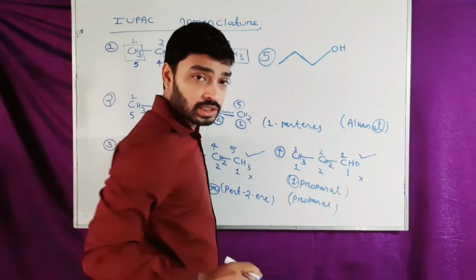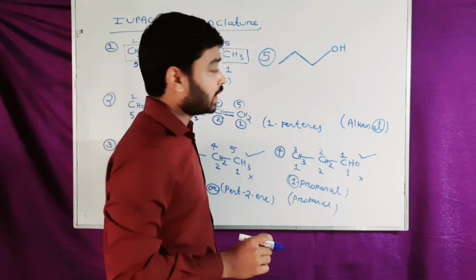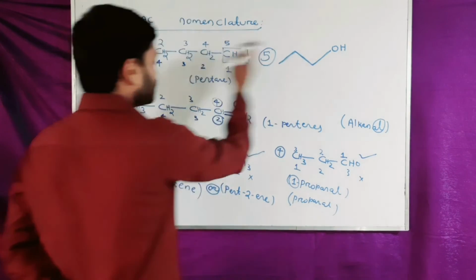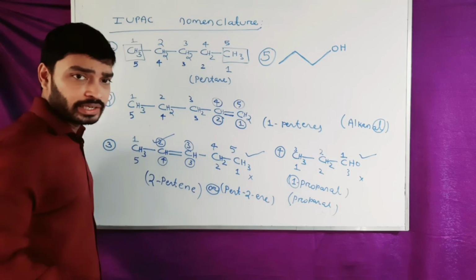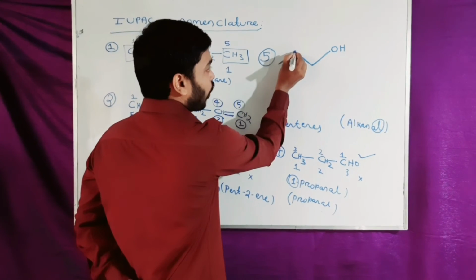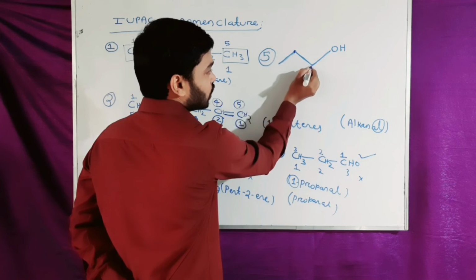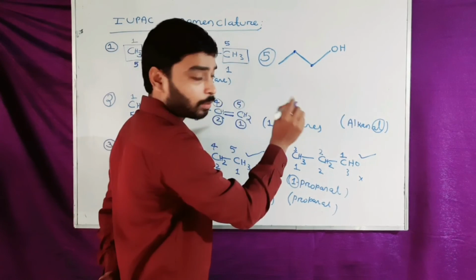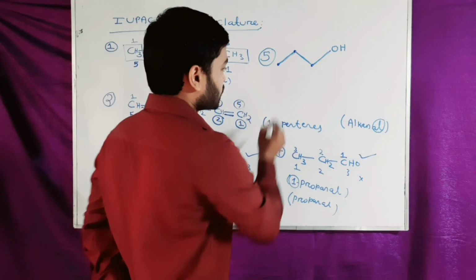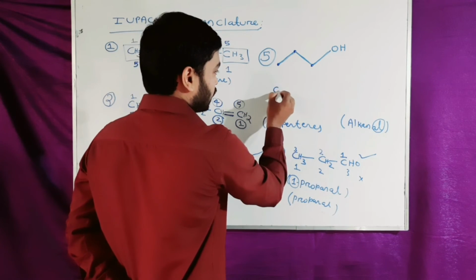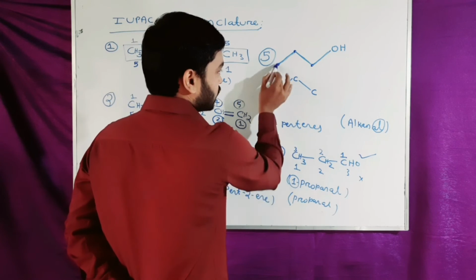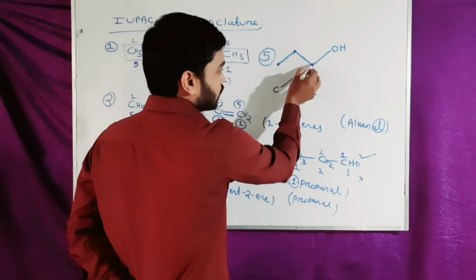In this type of question, you should always try to express the structure like the structures we have completed. You should decide that all the junctions contain a carbon atom, and the end also contains a carbon atom. Mark that: it is the carbon, it is the junction, it is the end.